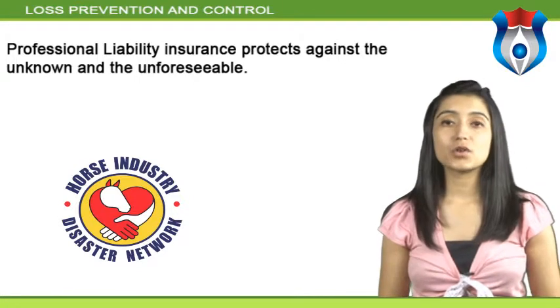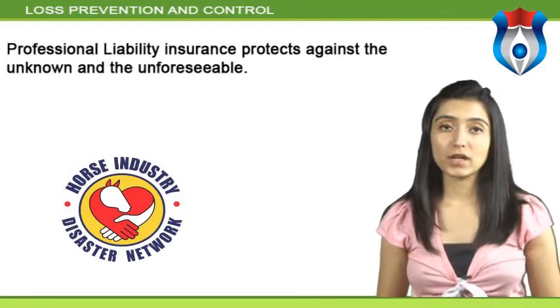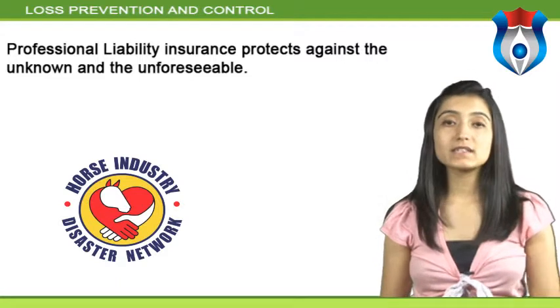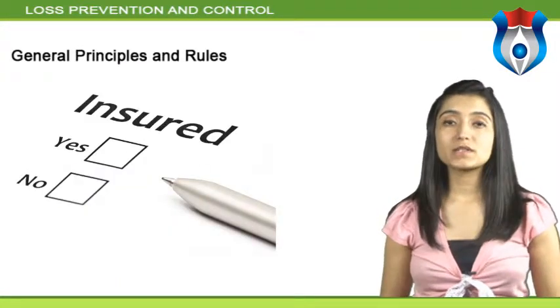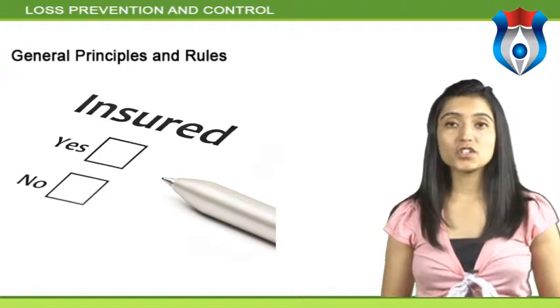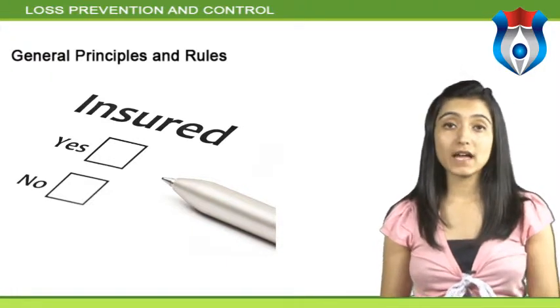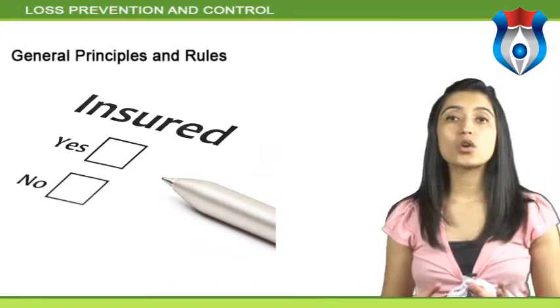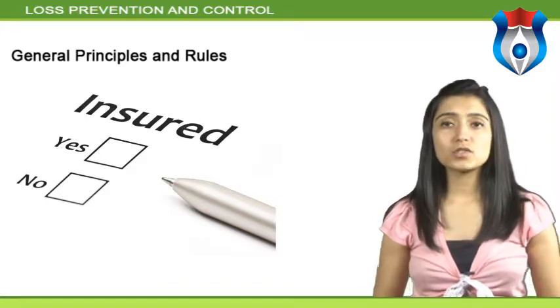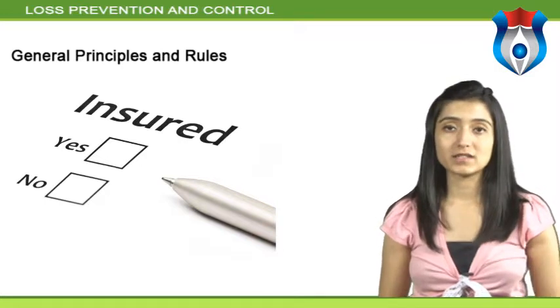Professional liability insurance covers crucial aspects of one's business and his interactions with clients. General principles and rules: professional liability policies are designed to protect the practitioner from liability for acts or omissions performed as a result of his or her practice.